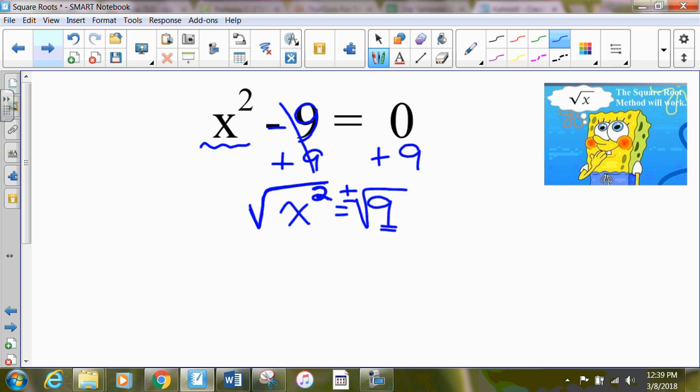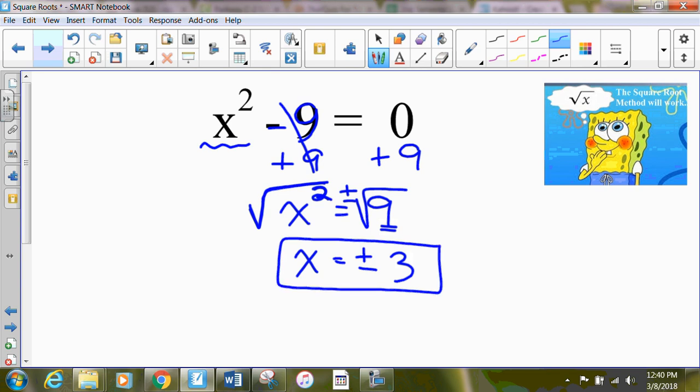They cancel each other out, and we're left with an x. I bring down the plus or minus. I use my calculator to find out the square root of 9, or I may know that already, right? What number times itself equals 9 when you multiply it? It equals 3. So that's my answer. This indicates I have two answers. Both positive 3 and negative 3 work when you plug them into the original equation.